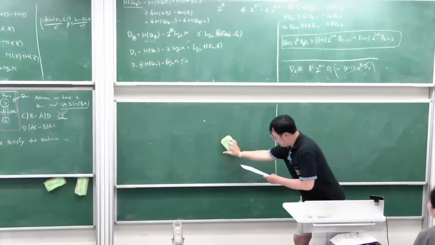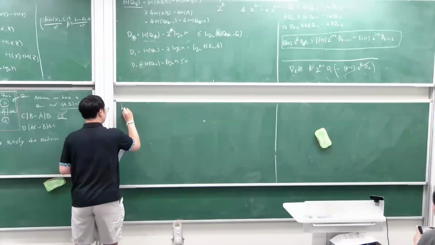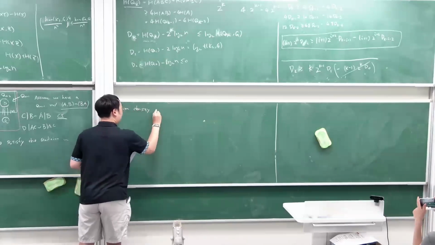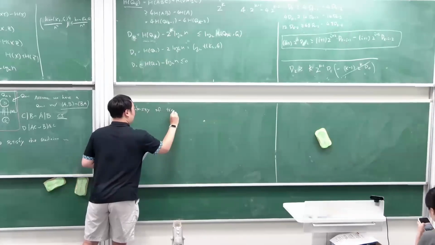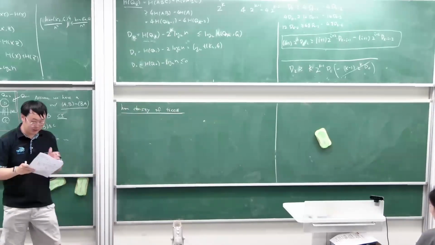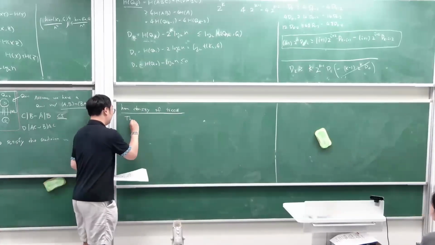Okay, so the next thing I would like to tell you is some homomorphism density inequalities of trees. This is also proven by Sidorenko, and it's also about homomorphism density, but I think it's less well known.